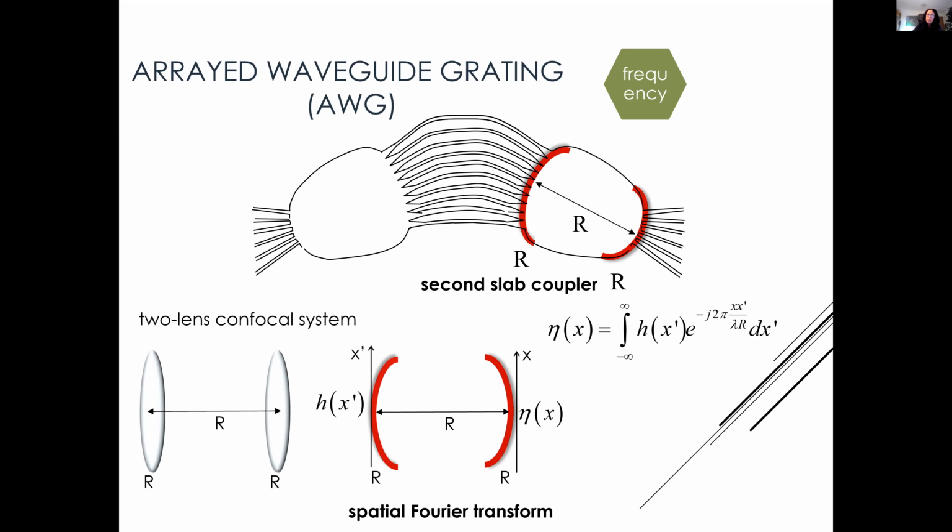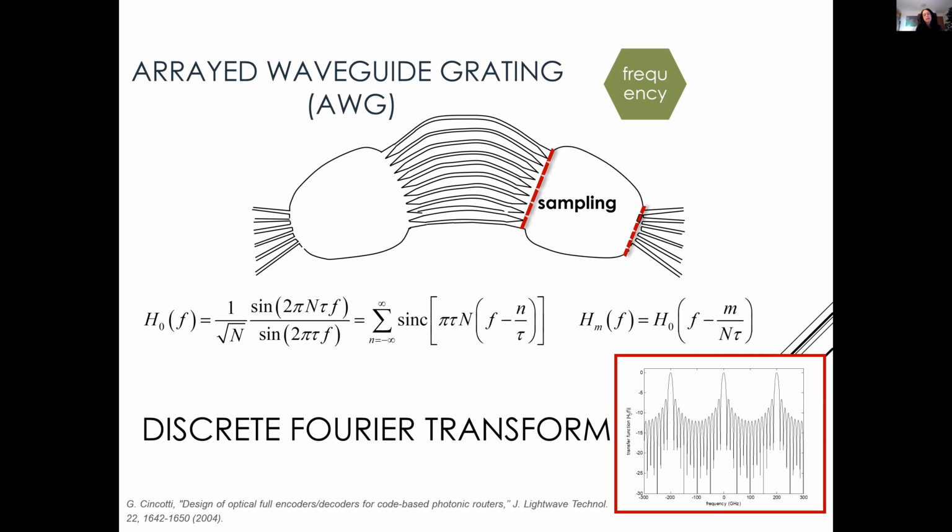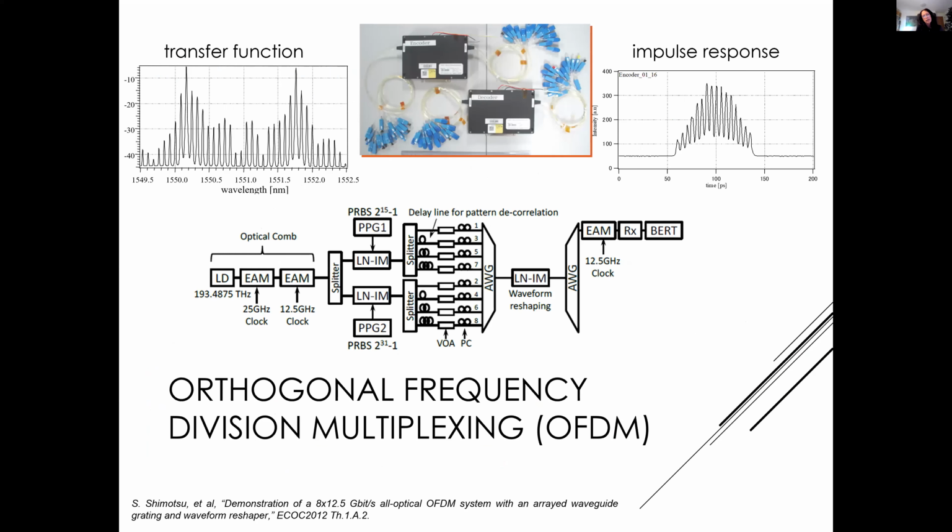And since here we have a grating, we sample the Fourier transform, and what we get is the discrete Fourier transform. So with this modification, we can use the device for orthogonal frequency division multiplexing, where we take the signal to transmit, apply the Fourier transform, so we have different sub-channels, and then they can be transmitted together.